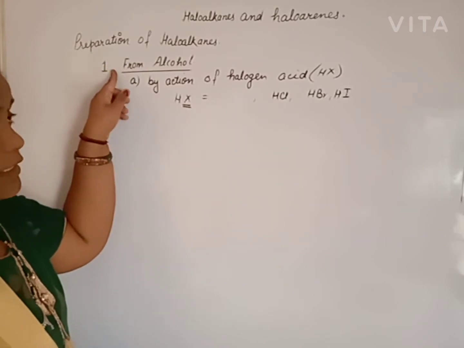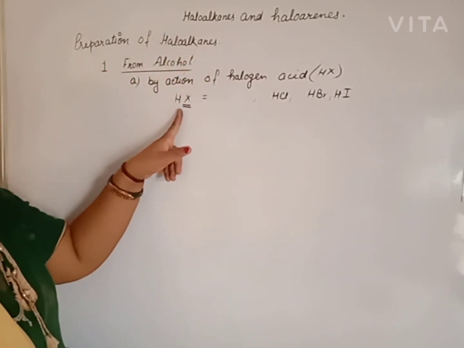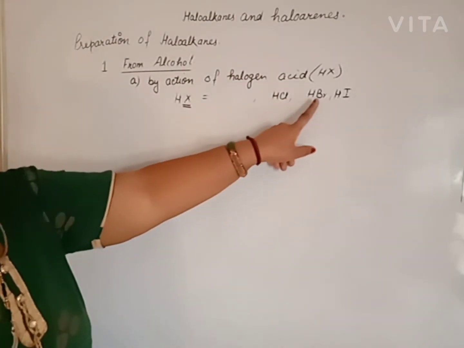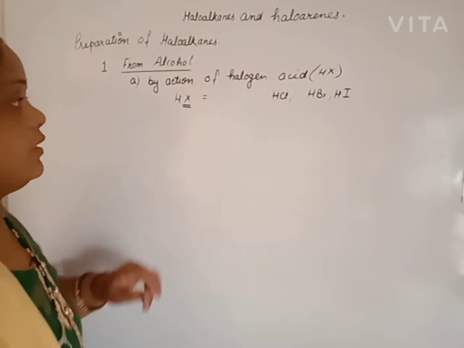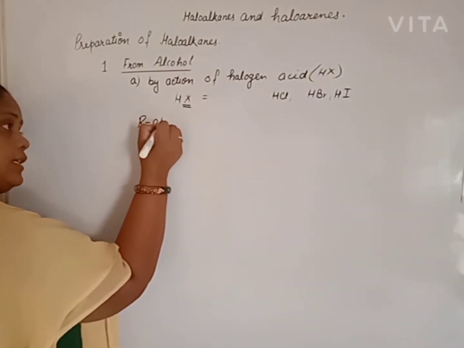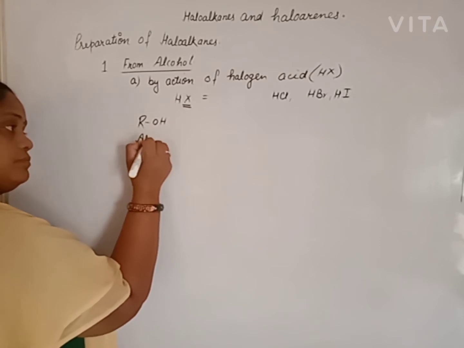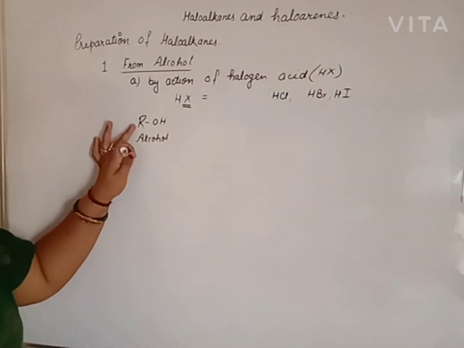So for the preparation of haloalkane by this method, X may be chlorine, bromine or iodine, but not fluorine. The general formula of alcohol is ROH.